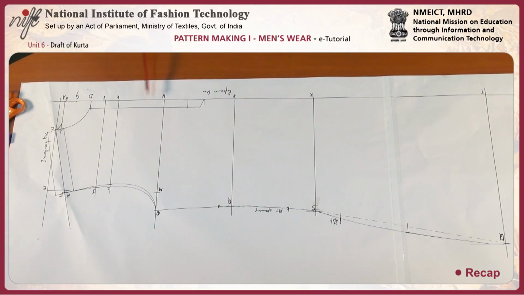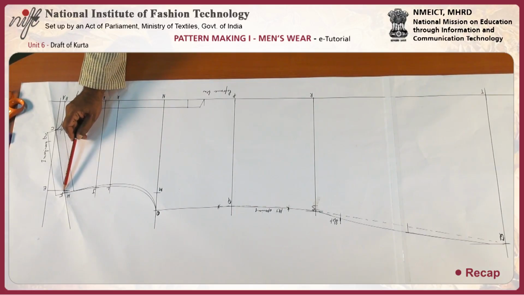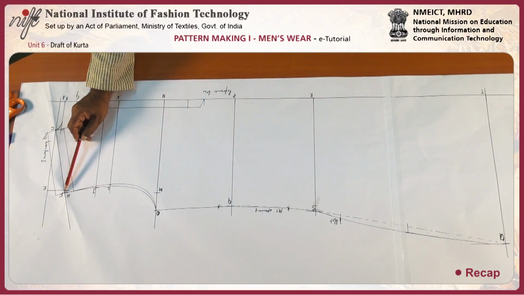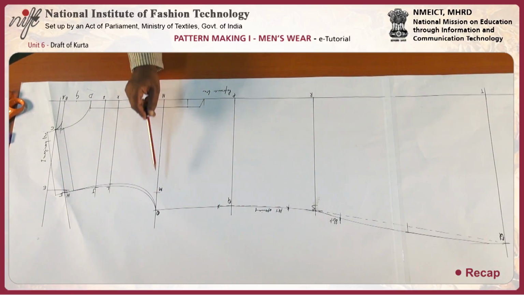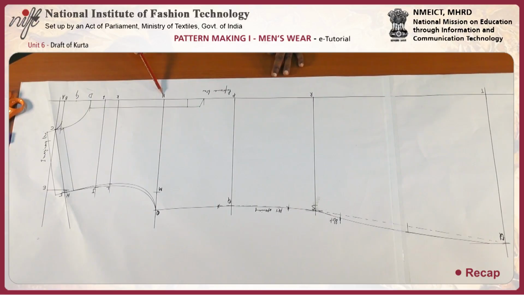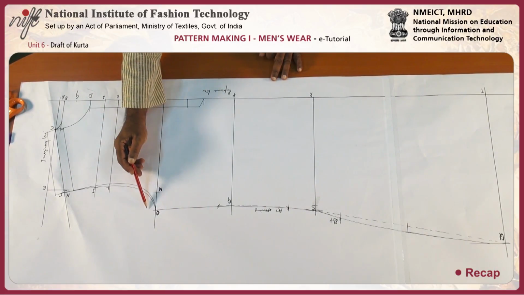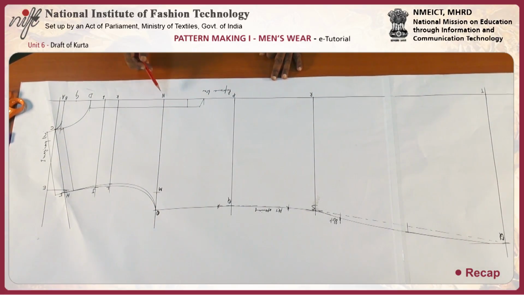Then N is from point F or H, it can be any point, from H it is 21.5 centimeter. Then I got point M. Then from M I drew a square line to the reference line, then extended. After that N to O is 1/4 chest.